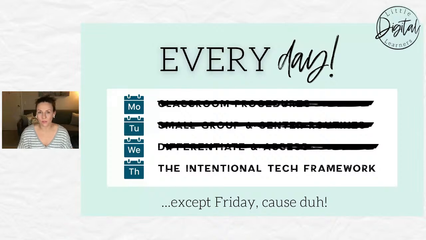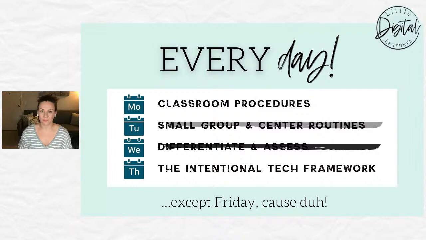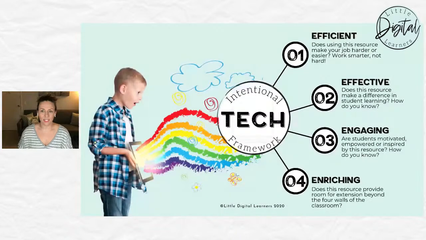What steps do you take to make sure that what you are doing in your classroom is for the benefit of the kids and has purpose behind it, rather than just using the technology because it's there or because we have to. And again, we have dabbled in the framework, but what we are looking for in everything that we do in the classroom, tech or not, is making sure that it is efficient, effective, engaging, and enriching for our kids.